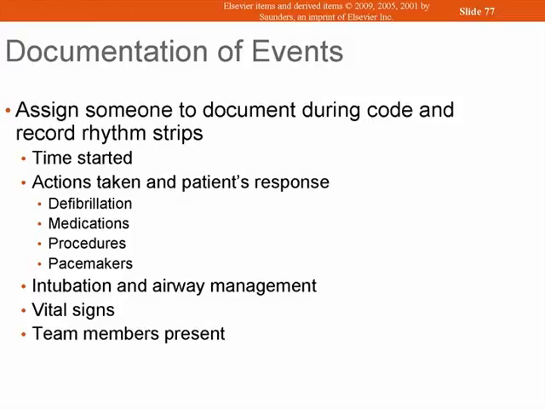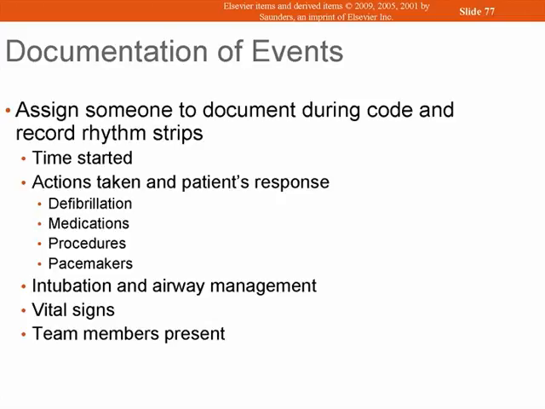So that code sheet that you saw from the Cleveland Clinic Foundation is a document of the event. You need to assign someone to document during the code. Key information would be what time did we start, what actions were taken, what was the patient's response to those.